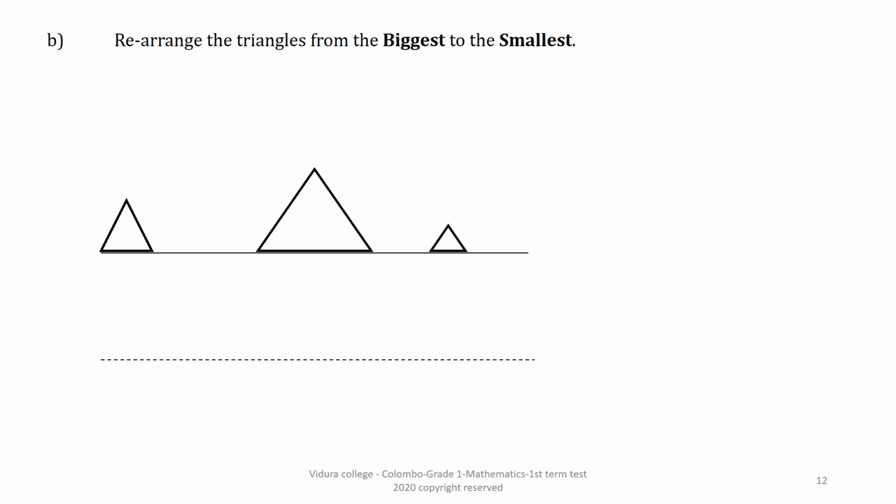Now, Pute, can you see there are 3 triangles? They are in different sizes. So here what you have to do is, you have to rearrange the triangles from the biggest to the smallest. Shall we start?